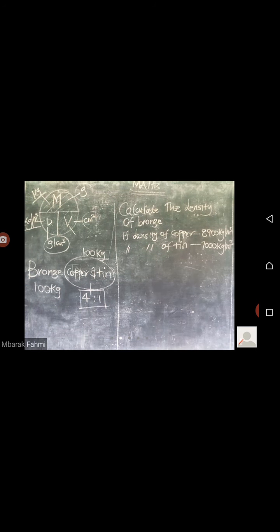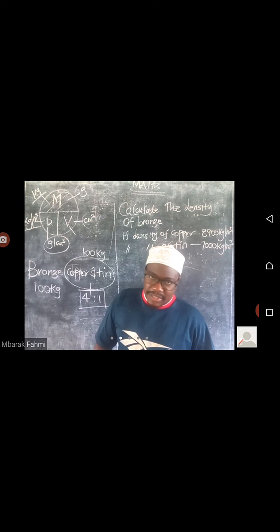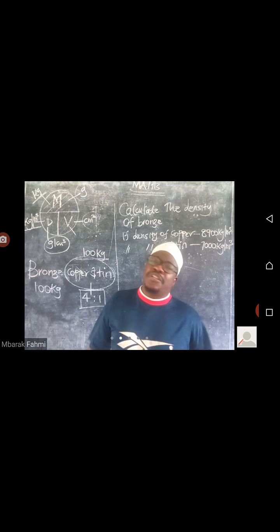So can we calculate the density of the bronze? Now, here you have to be very keen. This is a very technical question as far as density and mass are concerned.